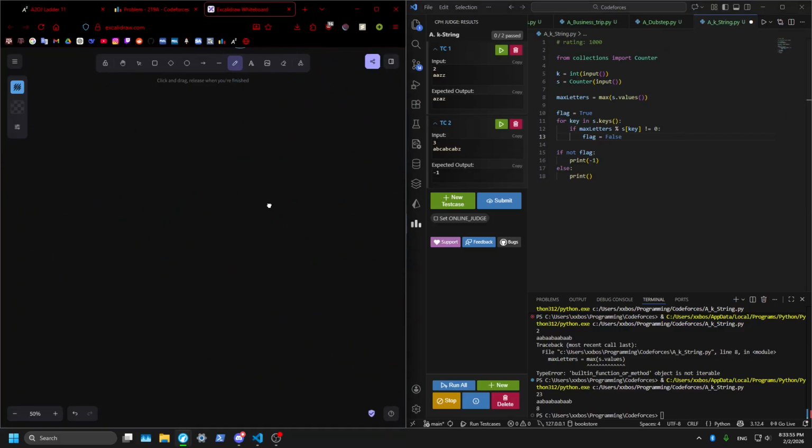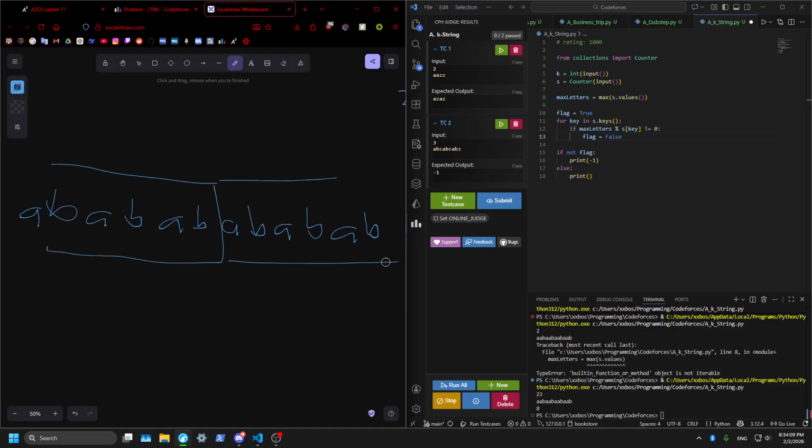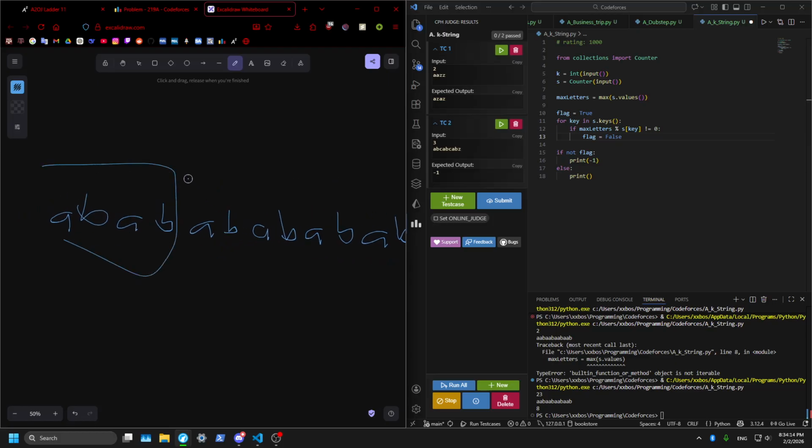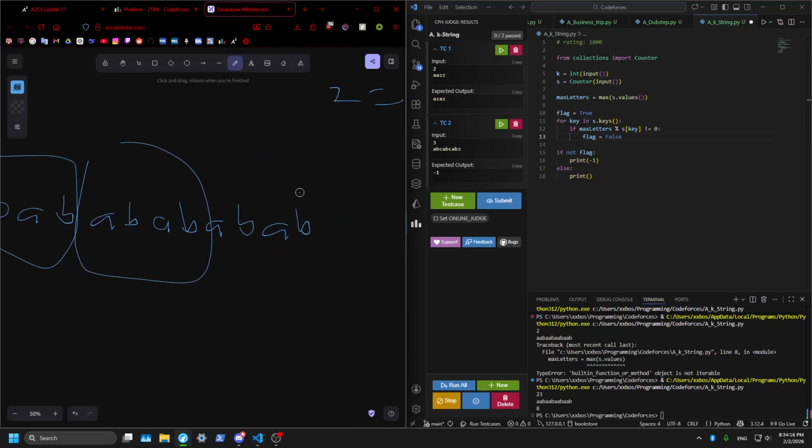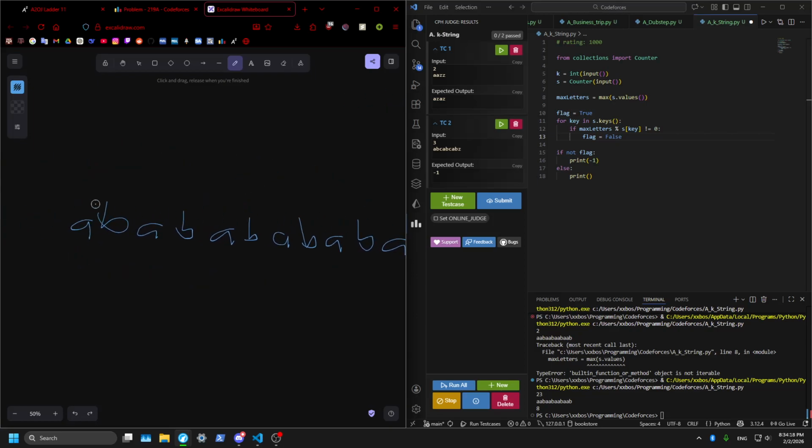Six string. A, B, 5, 6. This is a six string. A six string is automatically a three string, or a two string, three string, one string.